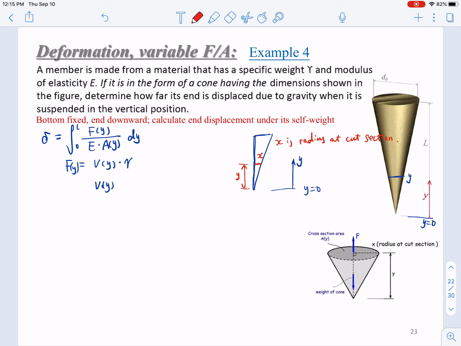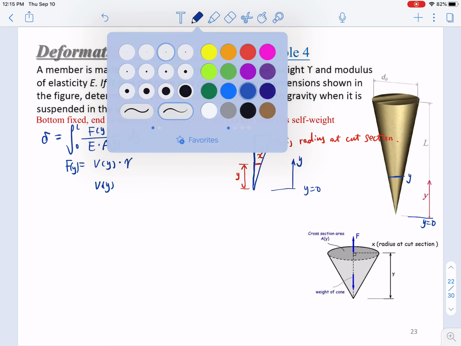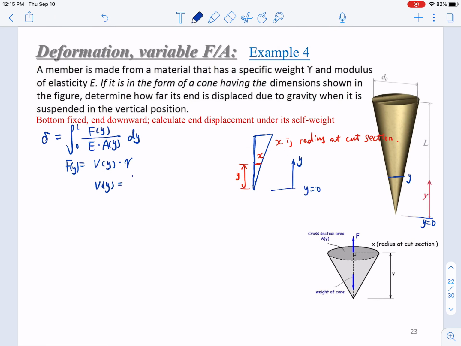Knowing this x and y, how can we calculate Vy? Vy would be 1/3 times the bottom area of the cut little cone times y. Bottom times height over 3 is the volume of this cone.